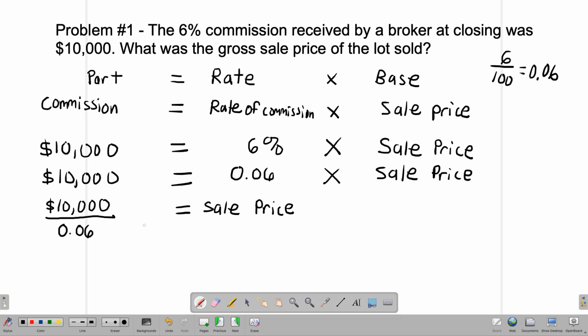Okay, so we have a value of 166,666.66, which equals the sales price of the home. And this is what we wanted to show for problem number 1.